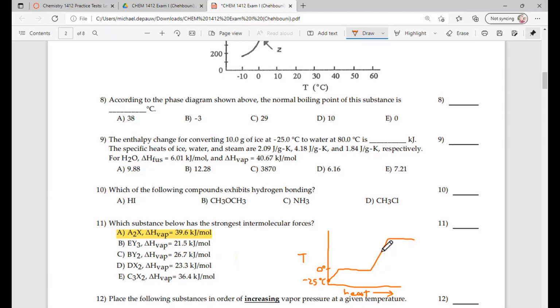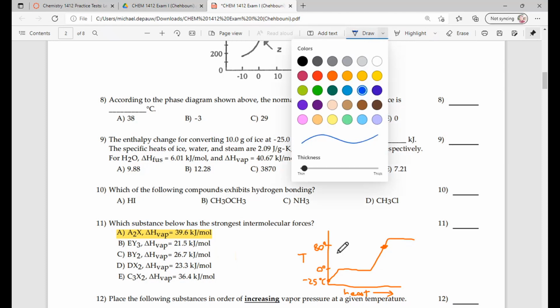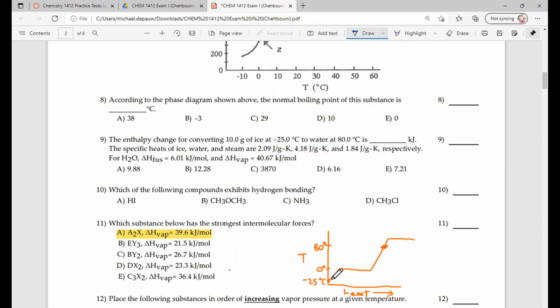And then it heats up until we get to about 80 degrees Celsius right here. So this tells us that we're going to have 3 processes and therefore 3 calculations we need to do. So the first, we warm up the ice, then we melt the ice, and then we warm up the water up to 80 degrees Celsius.